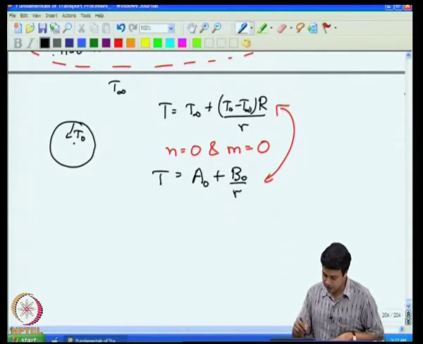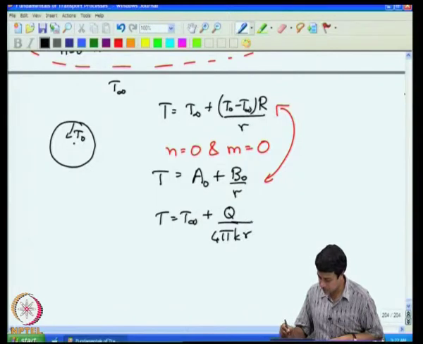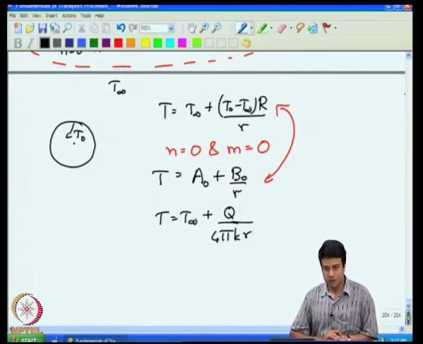In that case, if you recall, we had got the temperature T infinity plus Q by 4 pi k times R. If we take the limit as the radius of the sphere goes to 0, this corresponds to the point source, and the total amount of heat coming out of this point source is equal to Q. This is what is called a source term. So n equal to 0 and m equal to 0 corresponds to a source of heat or a source of mass.